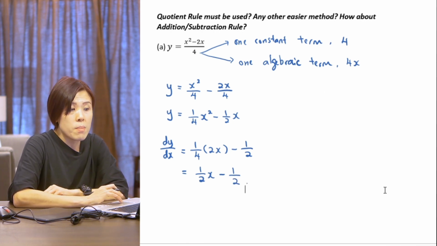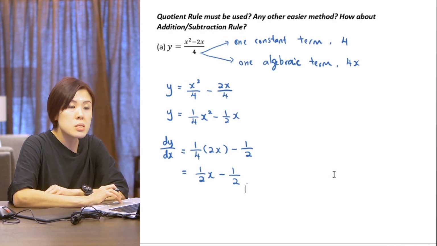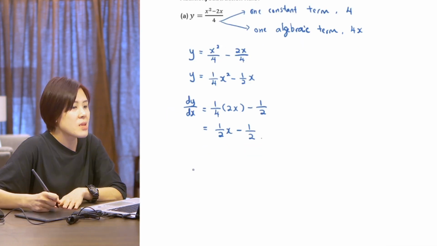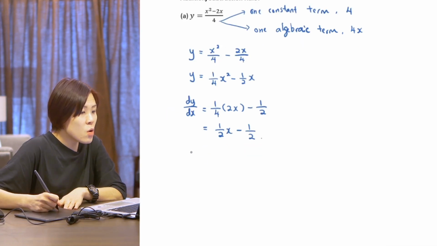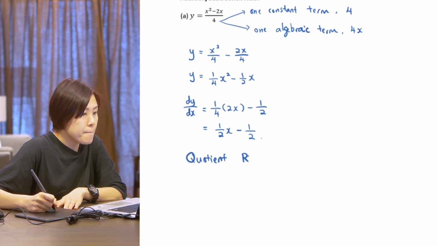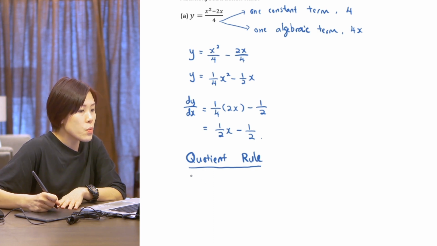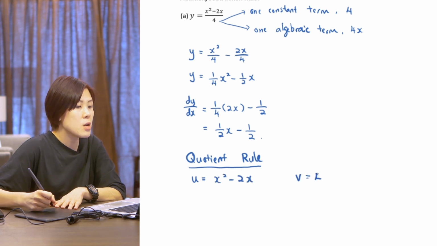Okay, how about the quotient rule? Will the quotient rule still work for this equation? Let's find out. Let me put down the quotient rule here. In order to use the quotient rule, we will need to let u equal x squared minus 2x and v equal 4.